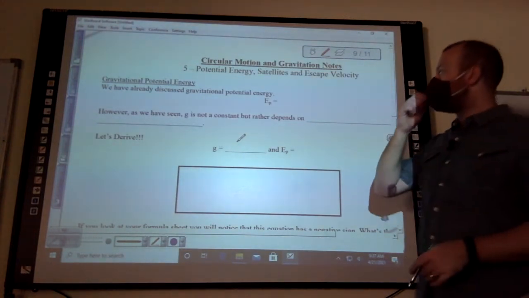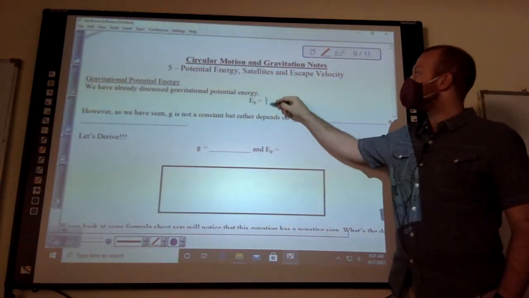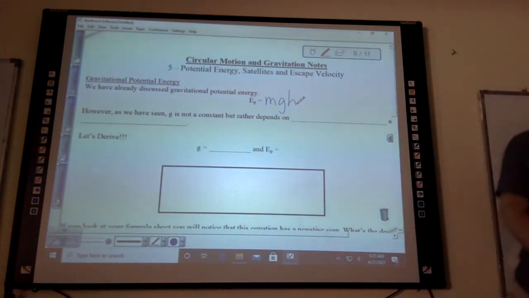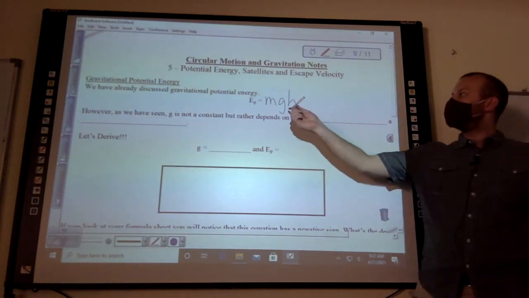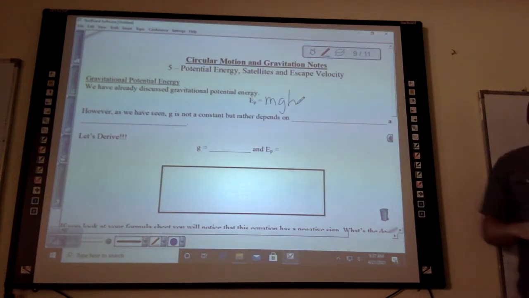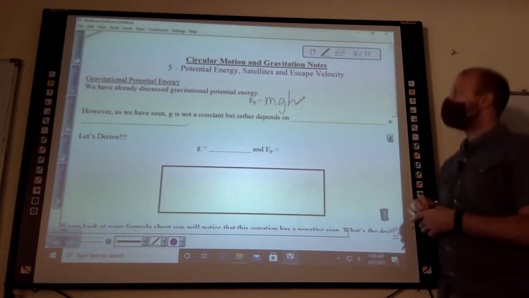So we've talked about gravitational potential energy before. This is just mgh. But every time we've looked at this, we've always assumed my g value is 9.8. We've only dealt with gravitational potential energy on the surface of the Earth.